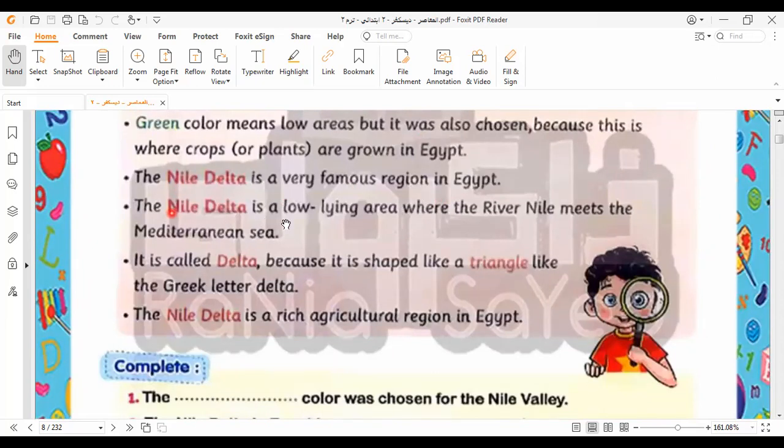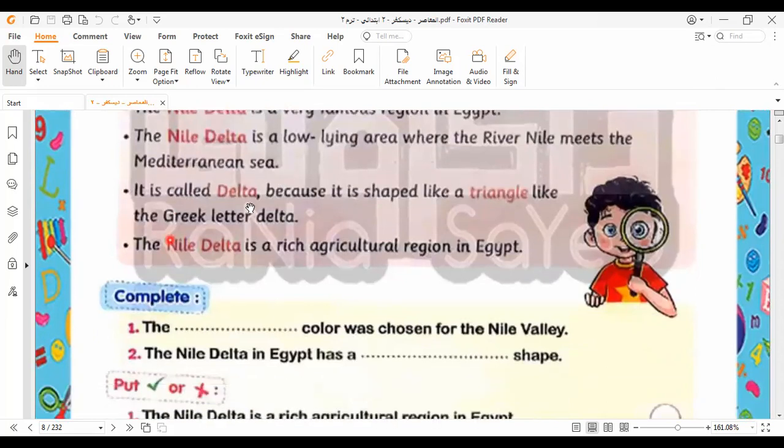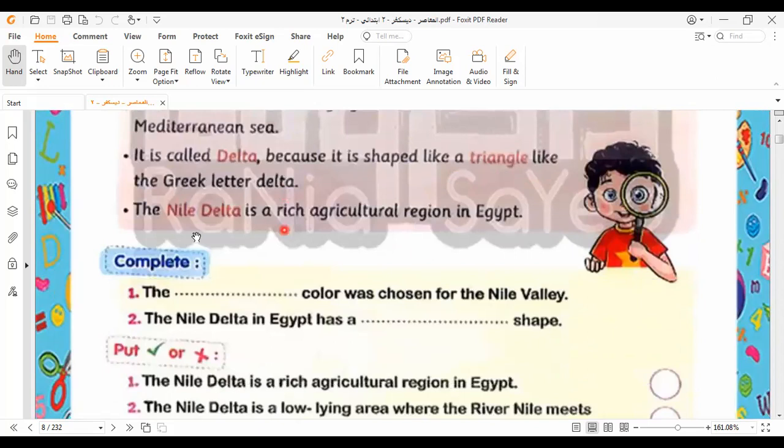The Nile Delta is a low-lying area where the river Nile meets the Mediterranean Sea. It's called delta because it's shaped like a triangle, like the Greek letter delta. We use the triangle in delta in the Greek letter. Okay. The Nile Delta is a rich agriculture region in Egypt.